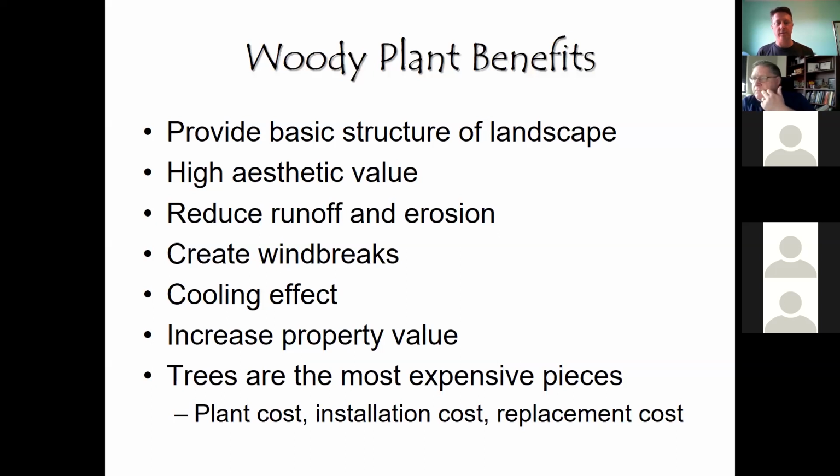One of them is that the root systems usually will penetrate through the topsoil layer and thereby help keep soils from eroding. But then they also intercept rainfall by the leaves, and as the precipitation runs off the leaves and the branches, it tends to actually slow down its movement across soils.